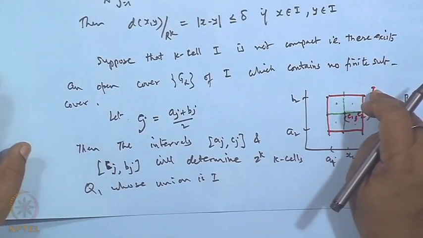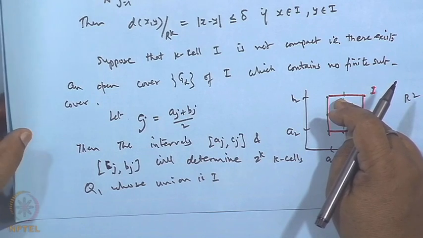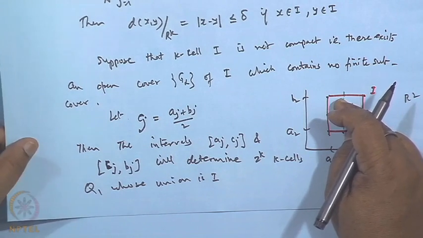Now, if I is not compact, then at least one of the cells will not be covered by a finite subcover.